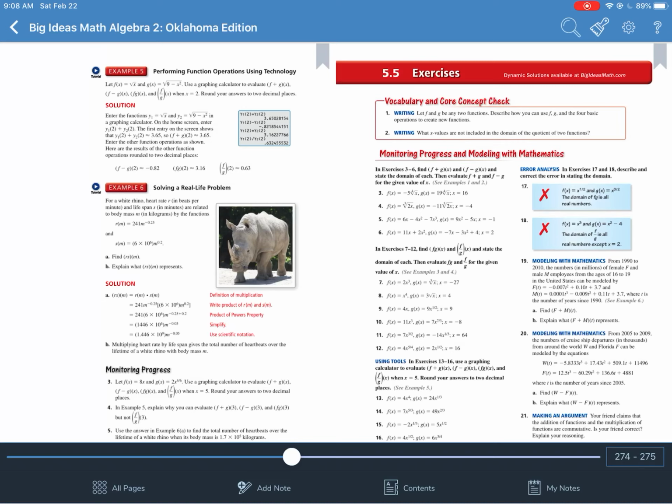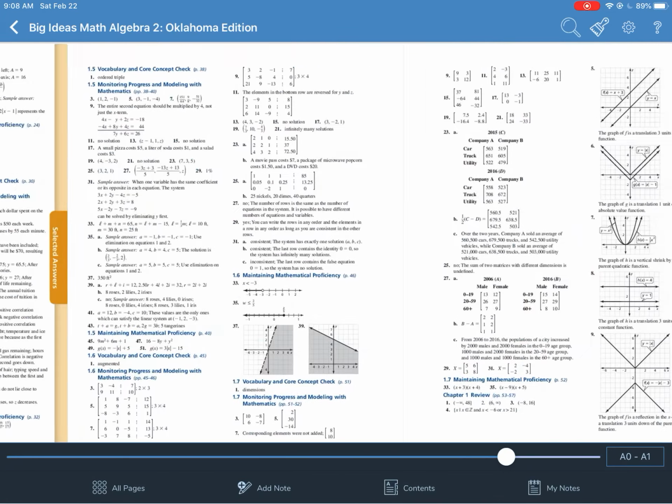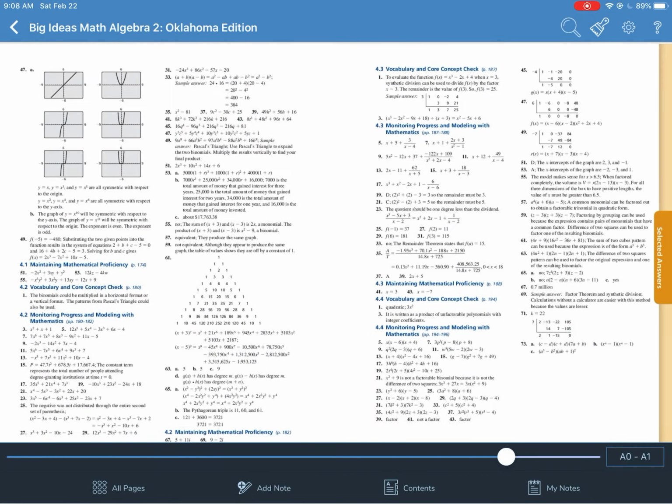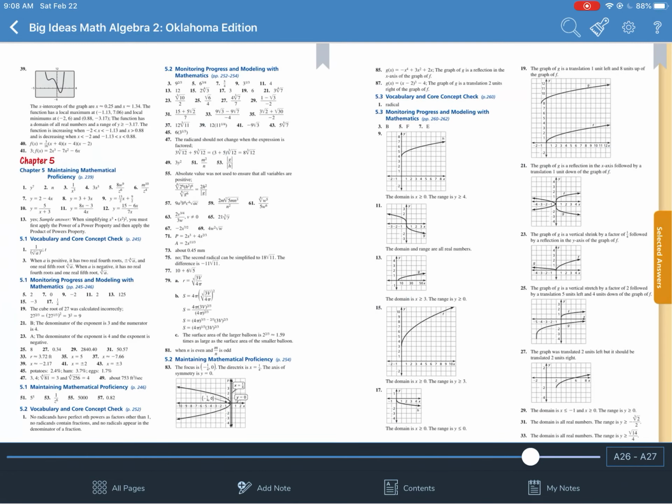Okay, interesting question. What if we go to the table of contents and we do selected answers? Chapter 1, this is what you should do when you're doing your homework and you're not sure and you look. Let's see if it's back there. Monitoring progress in 5.1.